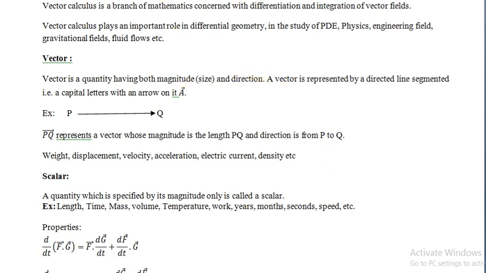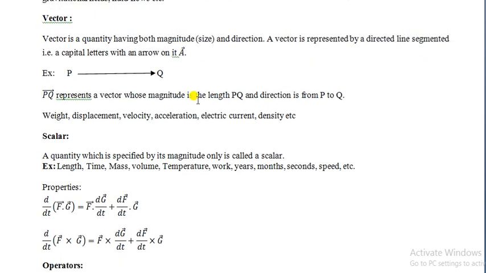A vector is represented by a directed line segment, that is, a capital letter with an arrow on its head. For example, A with an arrow on its head is read as vector A. Similarly, we can write capital B with an arrow on its head, and it is said to be vector B, like that.